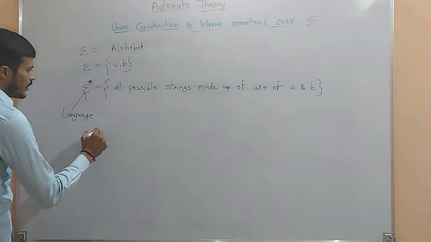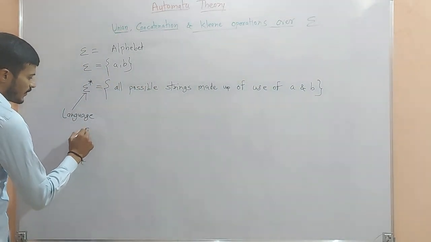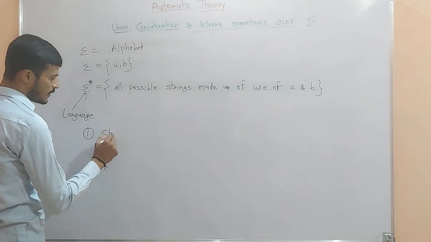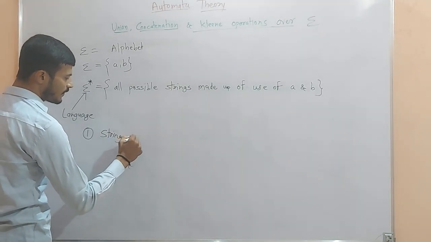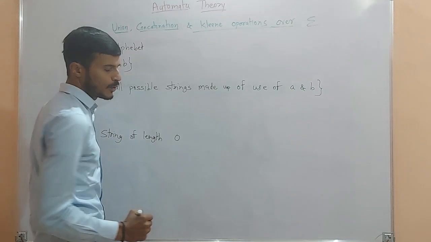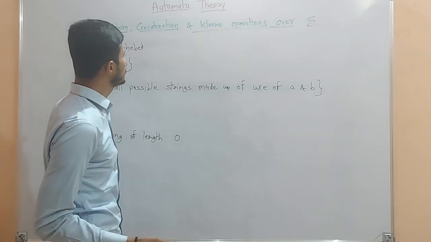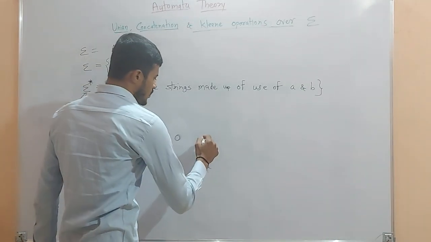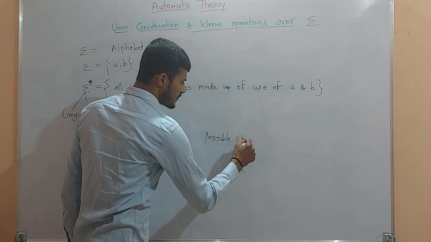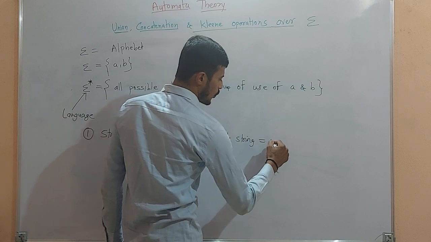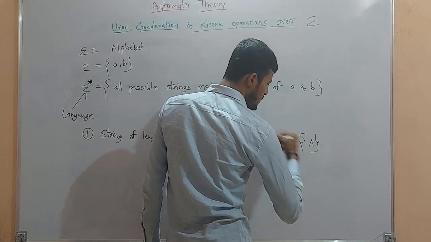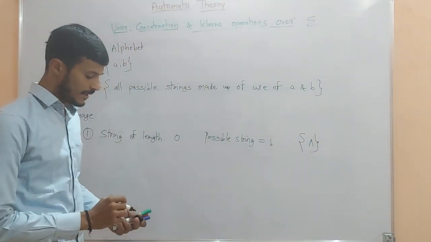So now, if I take the first scenario, a string of length 0, then how many possible strings are here? Possible strings equals 1. One string is possible, and that one is nothing but simply null.